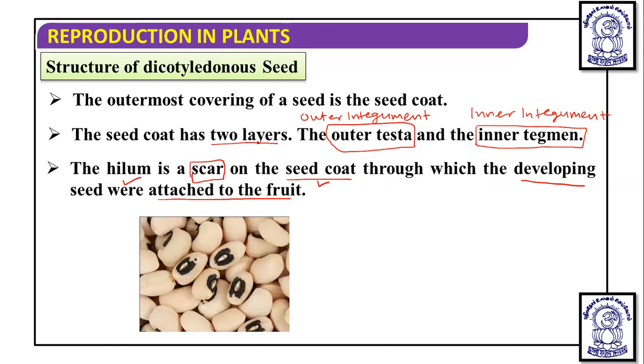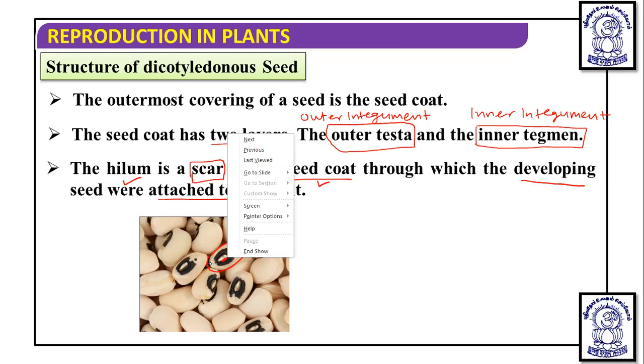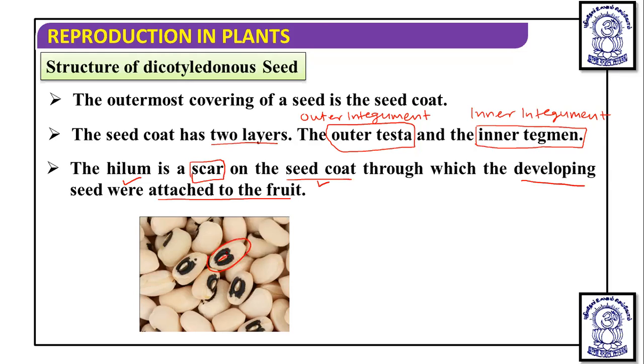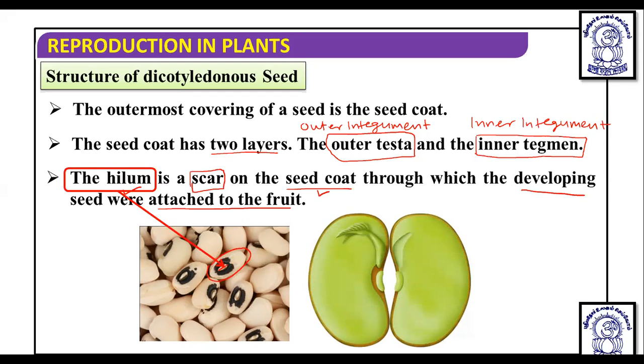You can see here these are the seeds, and it is beautifully shown in this diagram that in this particular seed there is a scar here. So this is a hilum. Also, one of the important structures, a bean, is shown here.